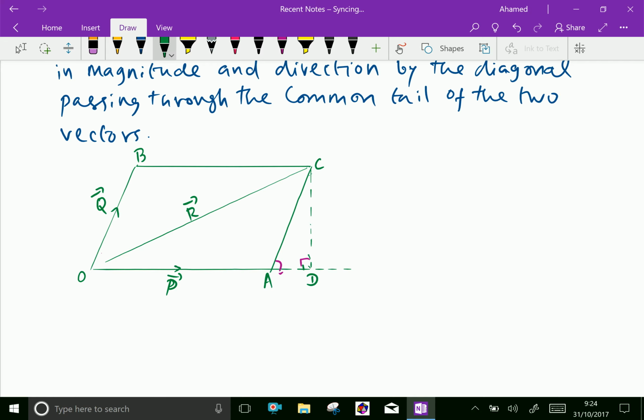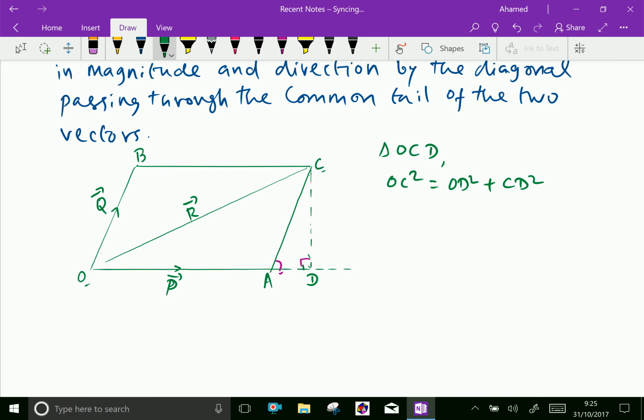Now here, in right angled triangle OCD, OC square, that is hypotenuse square, equals OD square plus CD square.